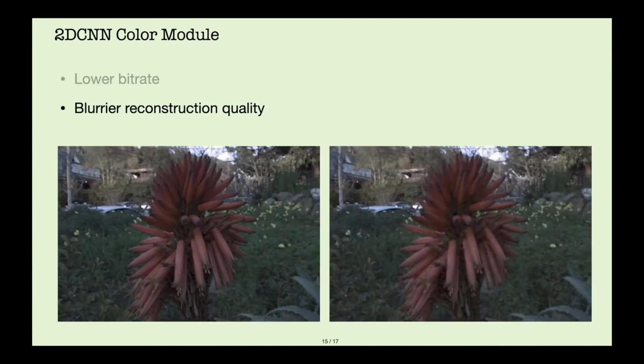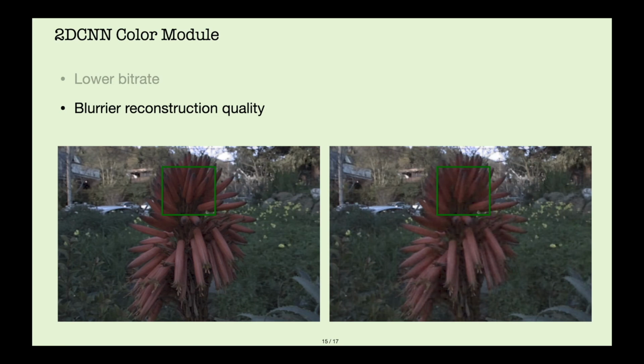Now, as part of our ablation study, we have tried to use a 2D CNN in our color module instead of a 3D CNN. So the encoder uses only a center view while the decoder tries to decode all 8 views from the representation. Now, as expected, this gives a lower bit rate. However, the reconstruction quality is much blurrier.